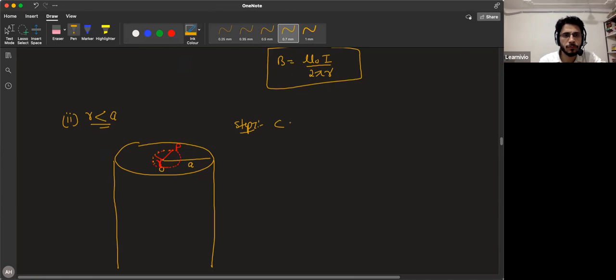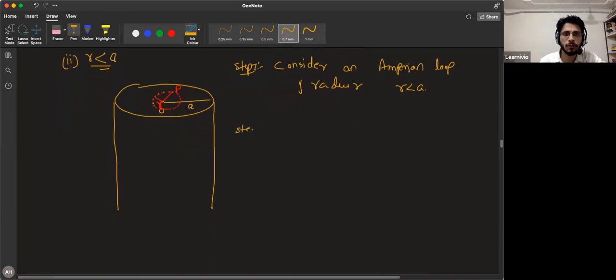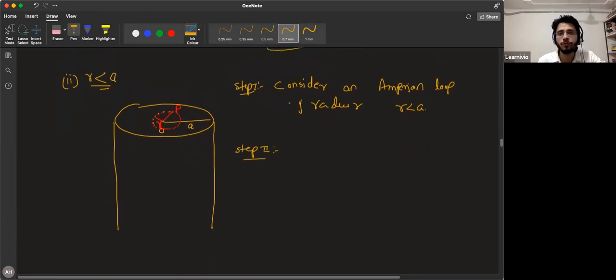Draw the Amperian loop. Consider an Amperian loop of radius r. And now r is less than A. Nabil Khan, you're not in class, na? Step 2. And remember, r is less than A.